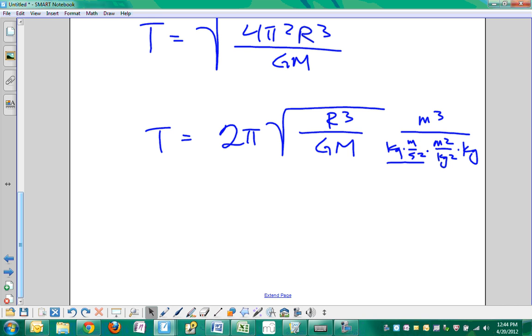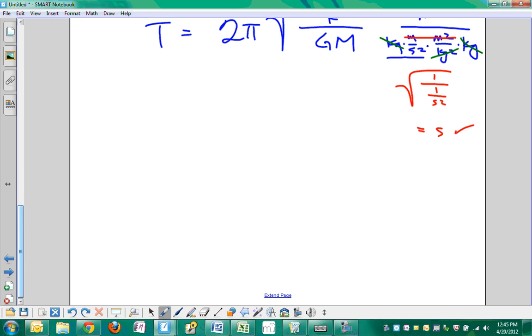Kilograms again. All right, so dimensionally, this kilogram squared is canceled by these kilograms. We got meters cubed on the top. We got a red pen on the floor. Meters cubed. So we got 1 over second squared to the 1/2. That's going to be equal to seconds. Hey, it works out.